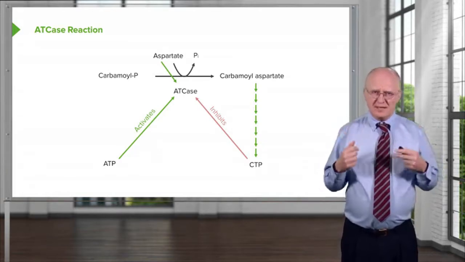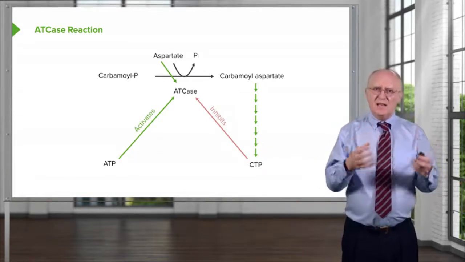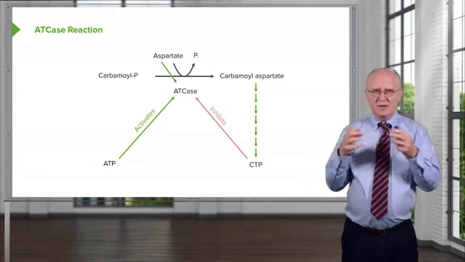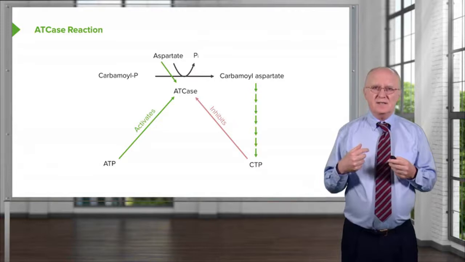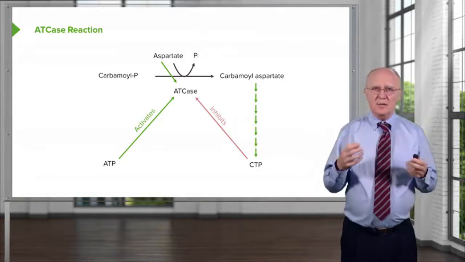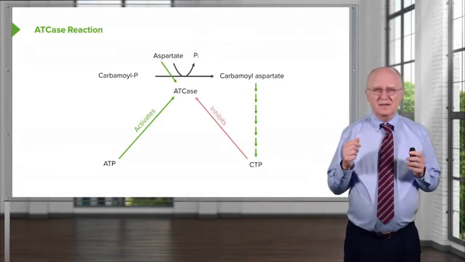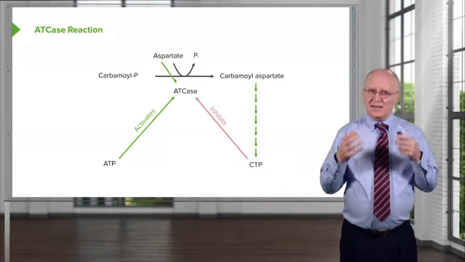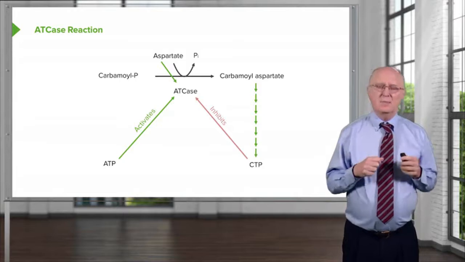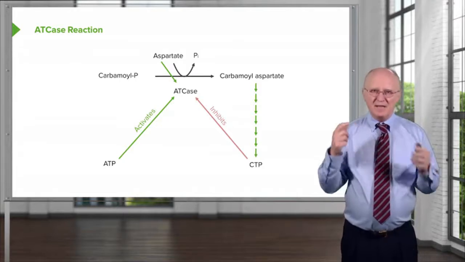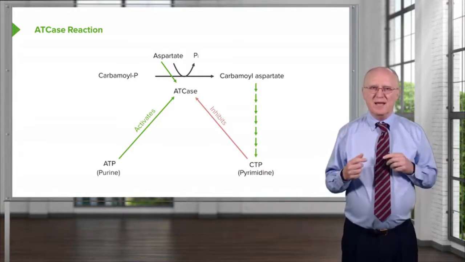And so if there's abundant aspartate, then that's an indication there's plenty of amino acids, the cell can go forward. So aspartate activates ATCase, and it tells the cell we've got plenty of amino acids, let's go forward with this. And if there's not enough aspartate, then the enzyme will not be activated by that, and will be less likely to make the pyrimidine nucleotides. Balance, very important. Pyrimidines and purines.